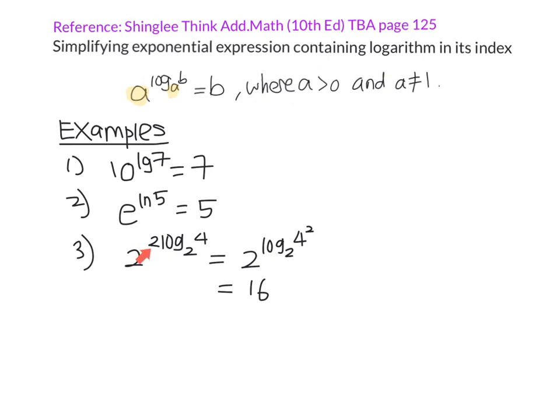So here we can apply the power law so that we have the logarithmic term in the index with coefficient 1. Hence, since the base of the exponential is 2, which is the same as the base of the logarithm in the index, we will be able to simplify this exponential expression to just 4 squared, which is 16.